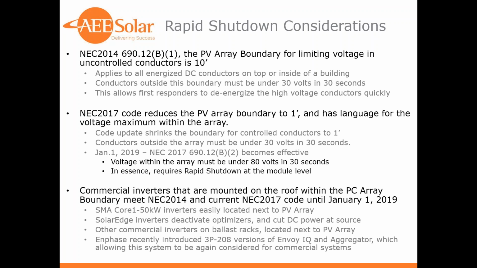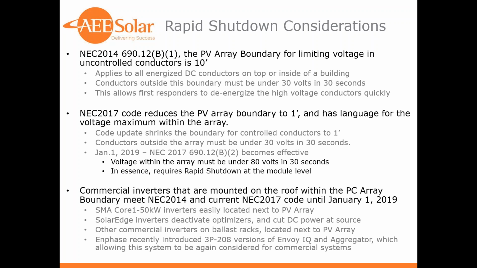After January 1st, this clause comes into effect: all the voltage inside the array has to be under 80 volts within 30 seconds. So in essence, this requires rapid shutdown at the module level. Even dual optimizers with 2 panels in series can likely exceed that 80 volts on coldest day conditions, so we want to make sure that can be accounted for.